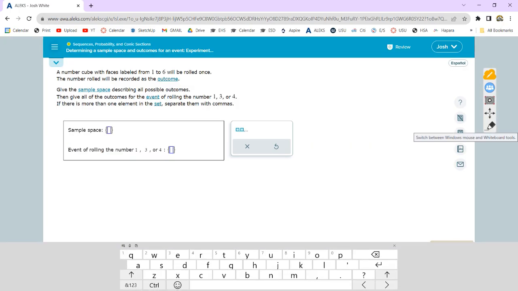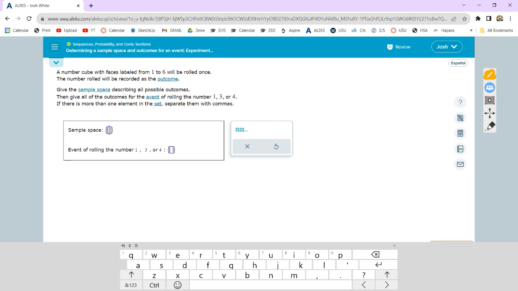Determining a sample space. A number cube, I love this. When I was a kid, this is so funny. This isn't going to make any sense to you guys. When I was a kid, and I was in elementary school, and maybe a little earlier than that, there was this push by, I don't know, some very prudish people who thought we cannot allow cards and dice in schools because they're evil.